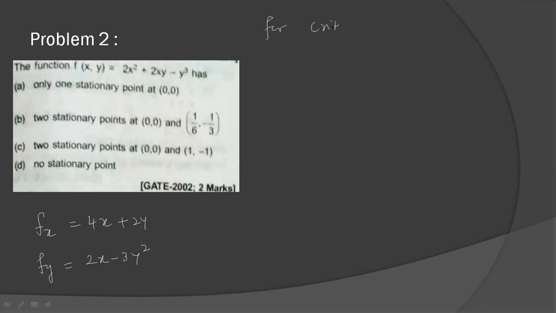So for critical points, fx equal to 0 and fy equal to 0. If you equate fx and fy to 0, you can find the solution of these two equations. So what will be the solution? 4x plus 2y equal to 0 and 2x minus 3y square equal to 0.